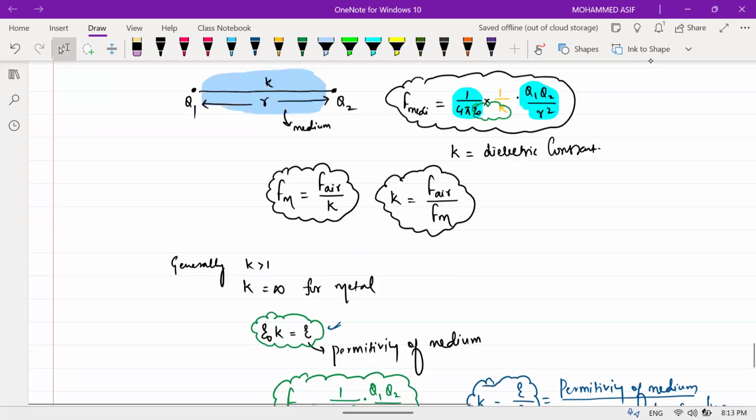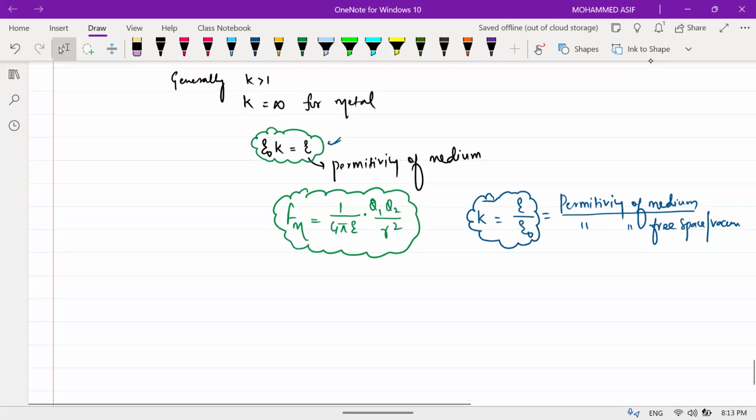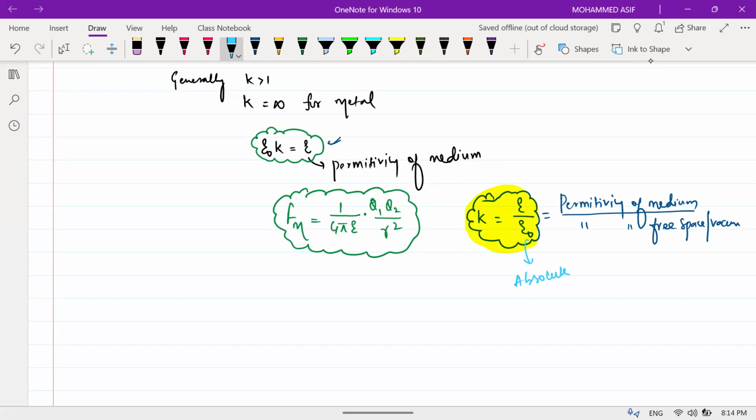So how many formulas did we get for the dielectric constant? Once, K is equal to force in air divided by force in medium. And K is also equal to permittivity of medium divided by absolute permittivity. It is also sometimes called absolute permittivity. Am I clear? Done, beta? Yes, sir. This is a very, very important formula you need to remember, beta.